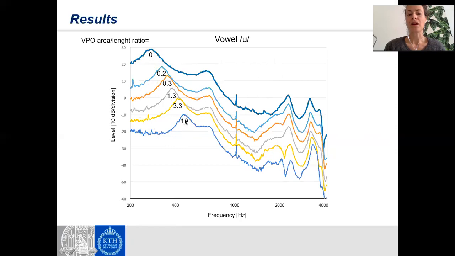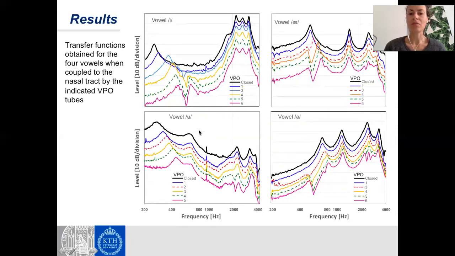And there are also some effects here in the high frequency region. The dip that we think is caused by the nasal tract itself seems to be quite shallow here. So let's have a look at the other vowels.